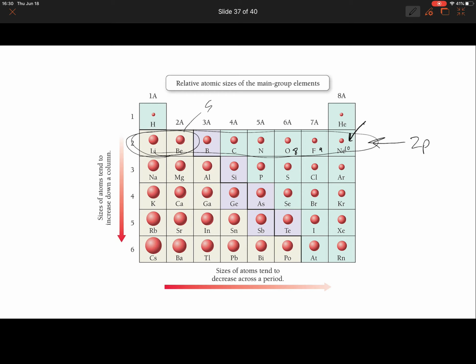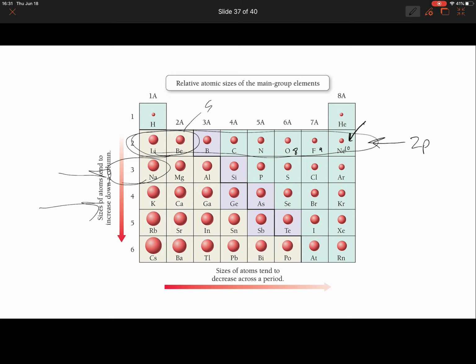As you go into each new row of the periodic table, so as you go down a column, they get bigger. And of course, this should make sense because as you go down a column, you're adding a whole new principal energy level. It's like adding another floor to your house. So we also see them getting bigger because of the distance from the nucleus.